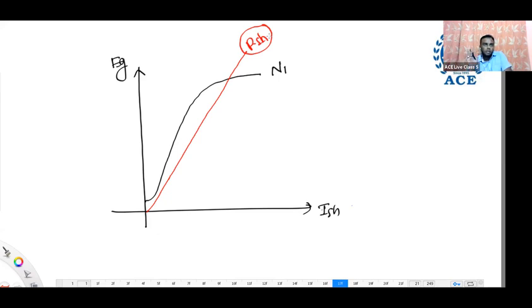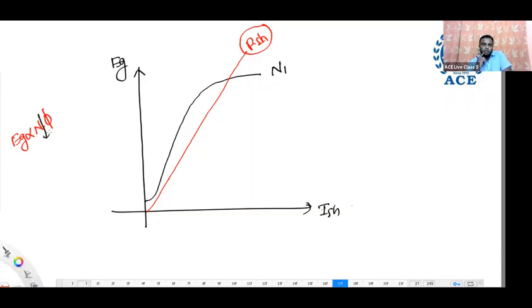RSH is fixed. Now EG is proportional to speed and flux. Flux is not changing; it is constant, reaching saturation. Now I will reduce the speed, the turbine speed.